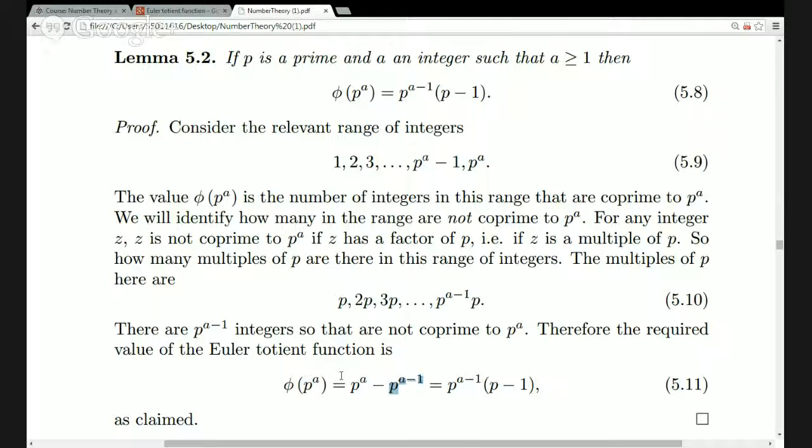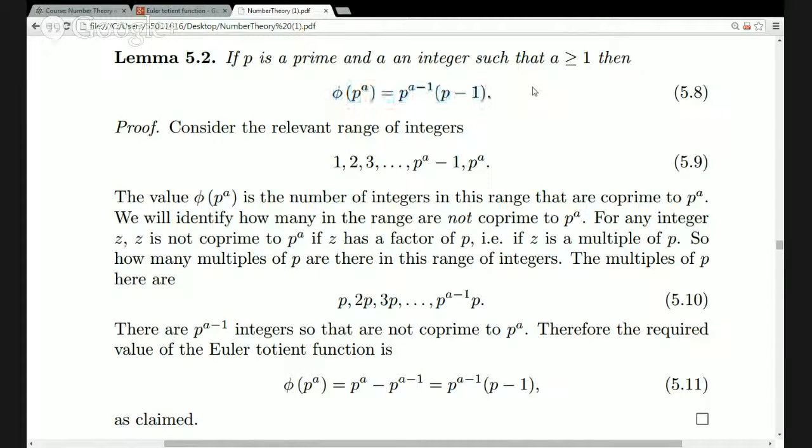So simply how many there were at the start minus how many we're chucking out. And that factorizes into the required form. Simply take out the factor p to the a minus 1. We've got p to the a minus 1 times p minus 1. And that's exactly the formula we were trying to prove.